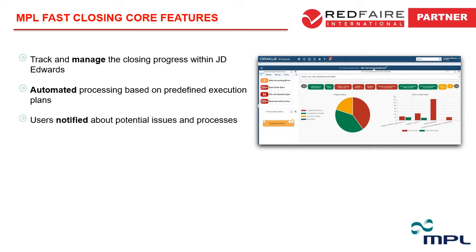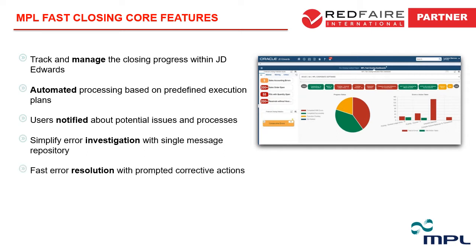It notifies users of potential issues and errors throughout the month. All the error messages are stored in one single place where users can retrieve them and analyze, and they are directly linked to the transactions with errors. And from there, they can take corrective actions based on the solutions prompted by the tool.